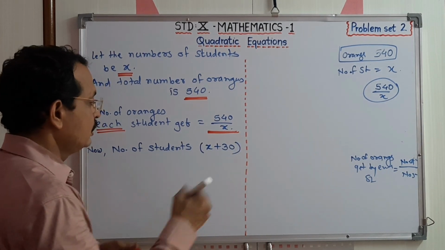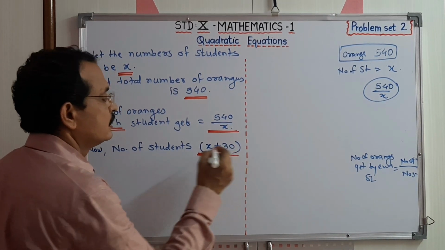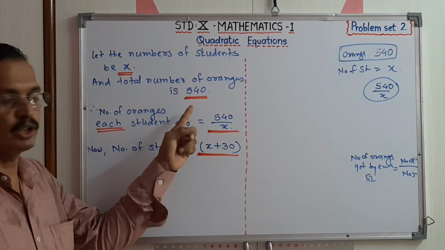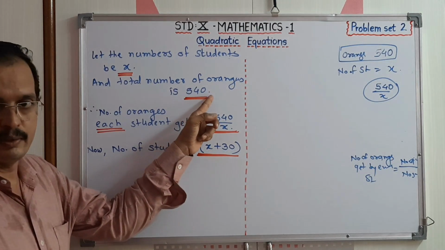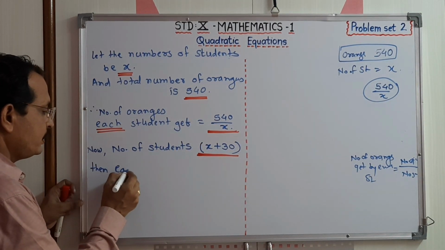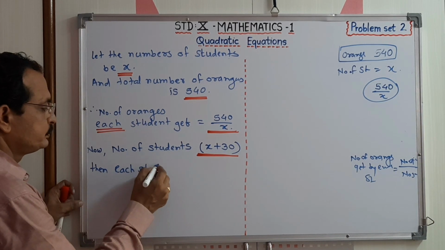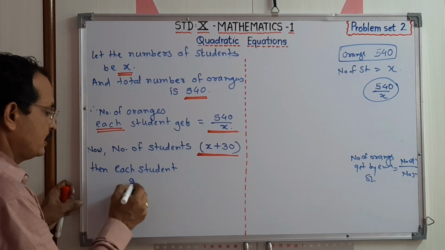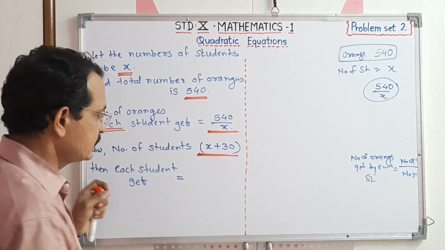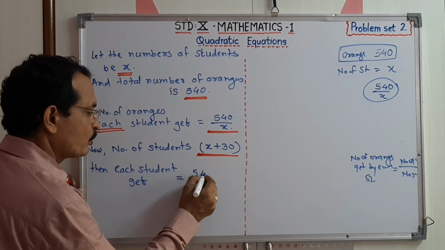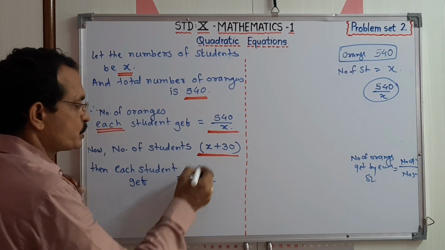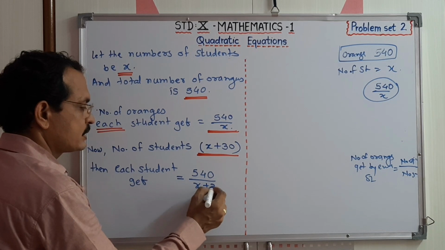These are the new students. Number of oranges will be the same, 540. Then each student will get how many oranges? Total number of oranges 540 divided by the number of students x plus 30.